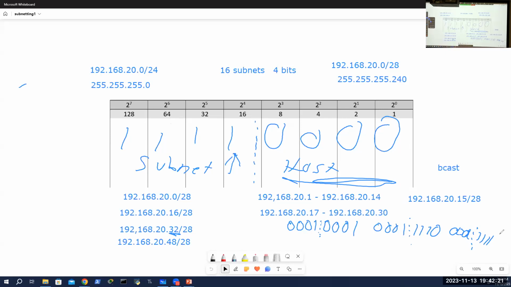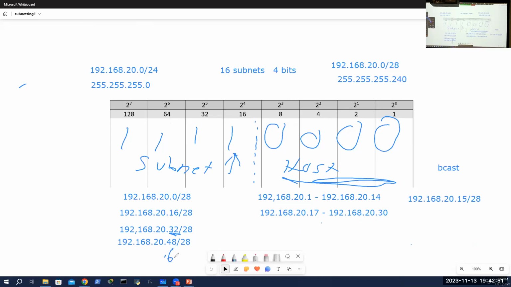And the 32 subnet, it's just going to be 33 is the first, 46 is the last, 47 is the broadcast. And then for the 48 subnet, the first host address is 49, and the last host address is, what does that go to?